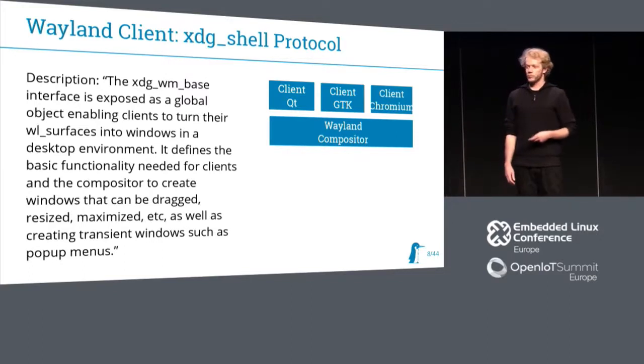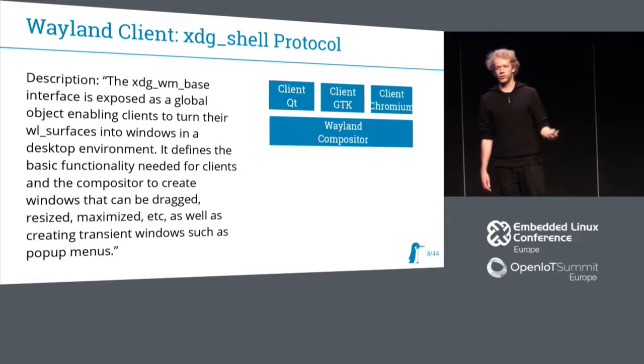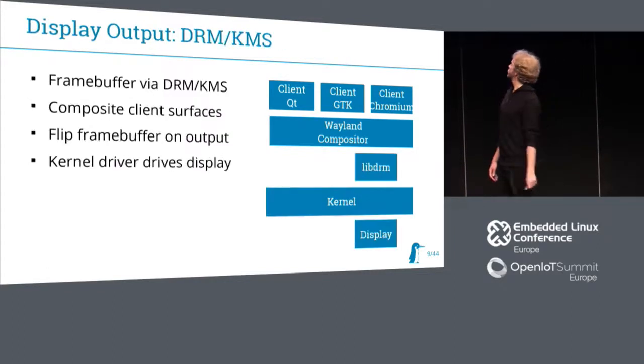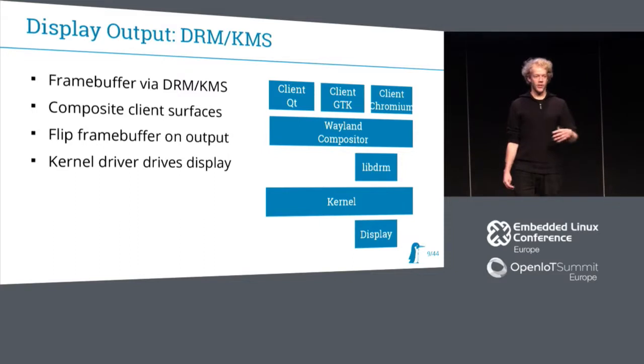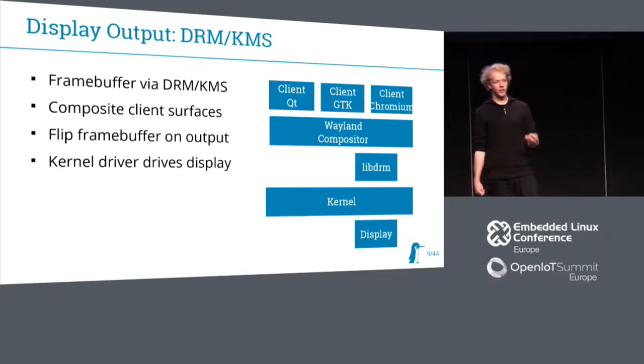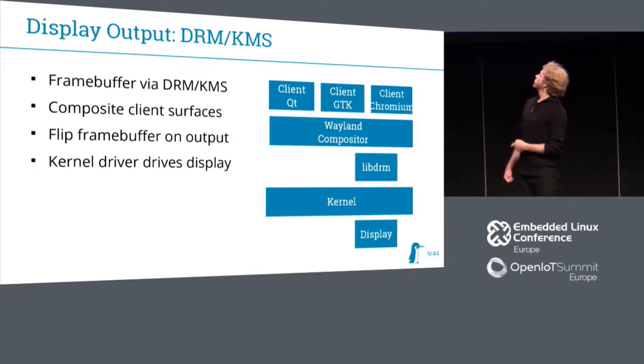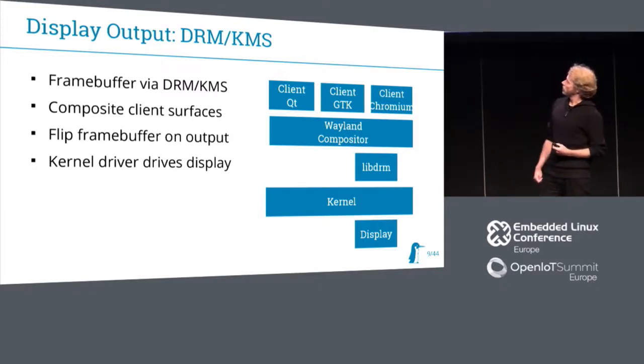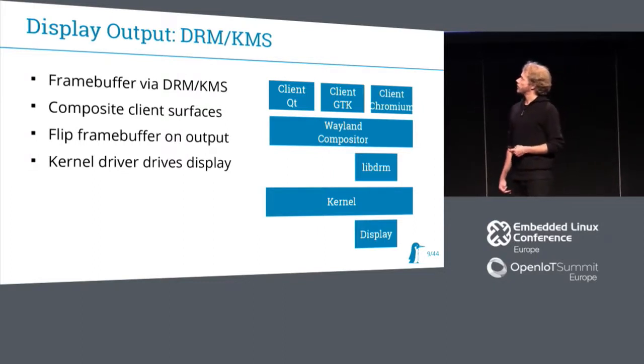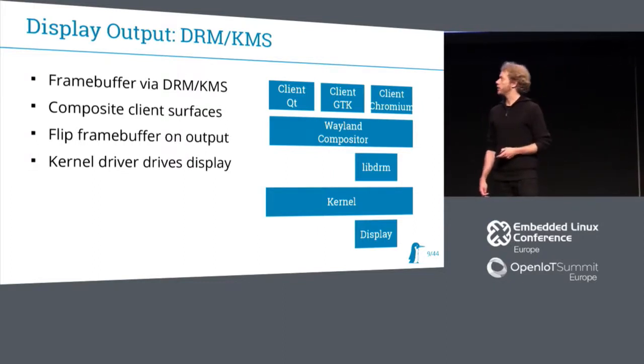Below that, your compositor somehow has to use the display. For that, it uses libdrm and some DRM driver in the kernel, and that drives the display. Exactly. Here comes the DRM and especially KMS into play.